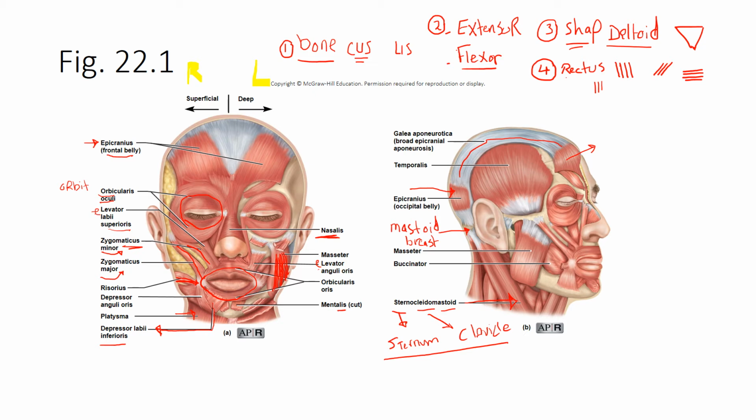Okay, so these are some of the criteria by which you name the muscle: based on location, bone attachment, and sometimes the bone itself, where you add cus or lis to know that this muscle covers this particular bone. Sometimes based on the bone attachment itself, like sternocleidomastoid: sternum, clavicle, and goes to the mastoid process at the side of the back of the head here.